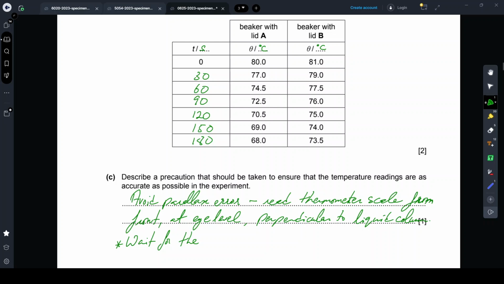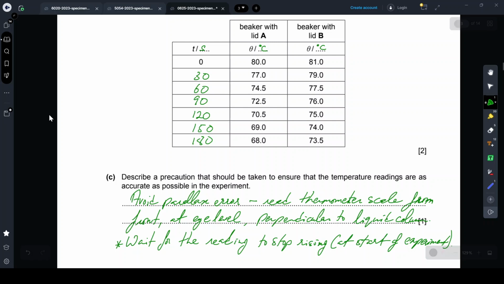So wait for the reading to stop rising at the start of the experiment.